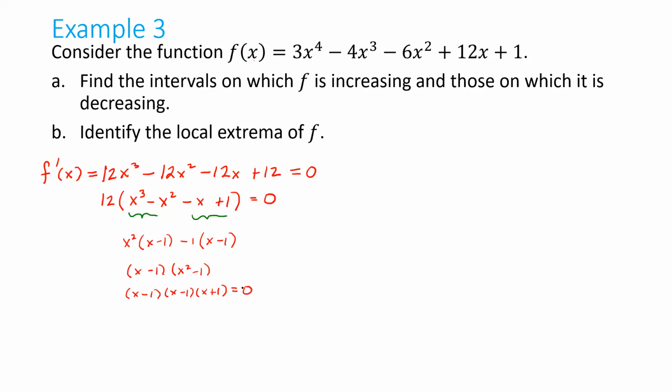So here with that, we can see our critical points. Actually, there's two critical points because we have x minus 1 squared here, and then x plus 1. I can also bring down the 12 here. Notice the 12 won't make a difference to the critical points, but it will sometimes make a difference if I have a negative constant in front. It will make a difference when I make the sign chart.